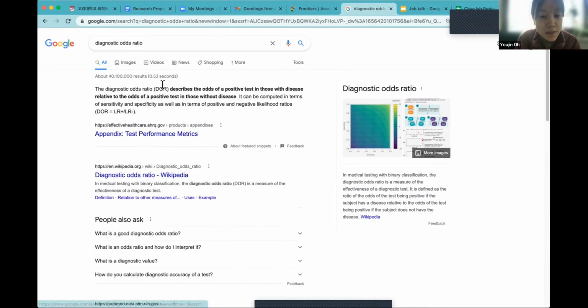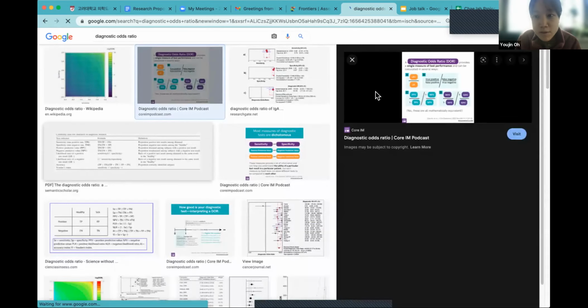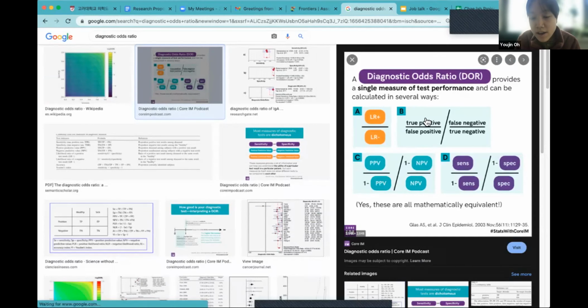And I thought I saw a simple formula for this. Yeah, actually, you remember the Excel sheet that I summarized? I put in the four values: true positive, true negative, false negative, and false positive, and R calculates the DOR based on those four numbers, and these are the formulas.